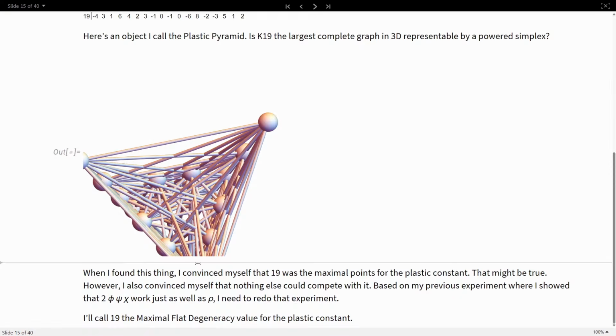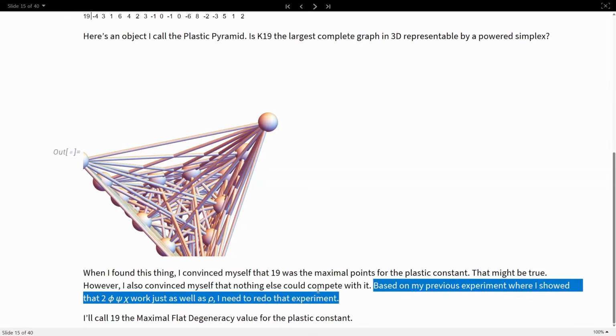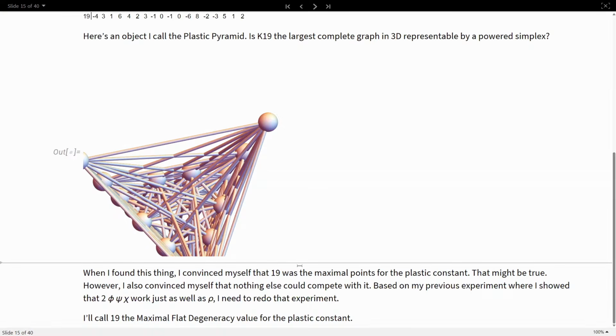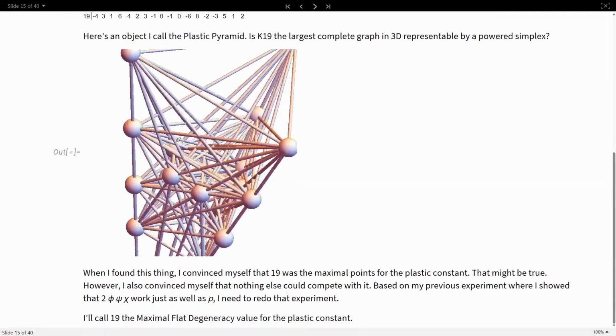But I also convinced myself when I did this experiment 8 or 9 years ago that nothing else could compete with it. However, this experiment I did a few days ago showed that there's a whole bunch I missed about the super golden ratio and the golden ratio. So I'm pretty sure that there's competition for the plastic constant.